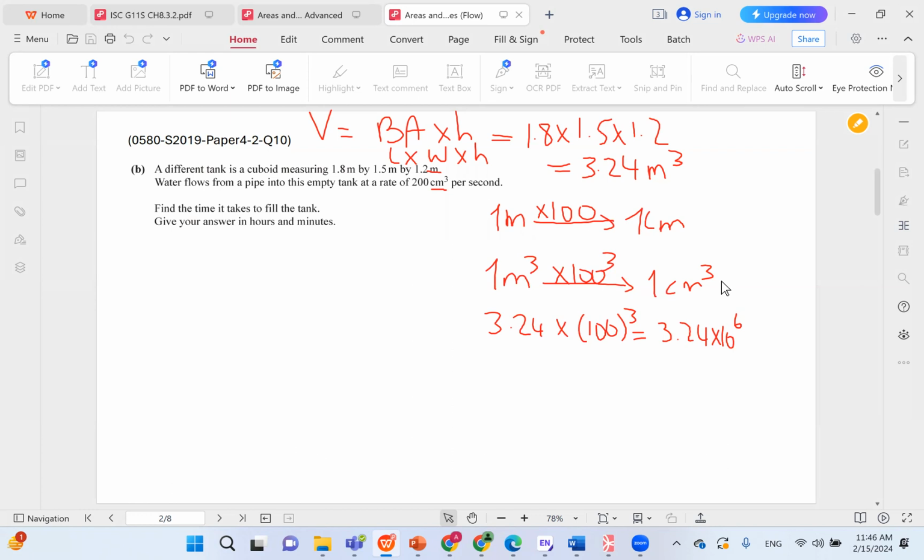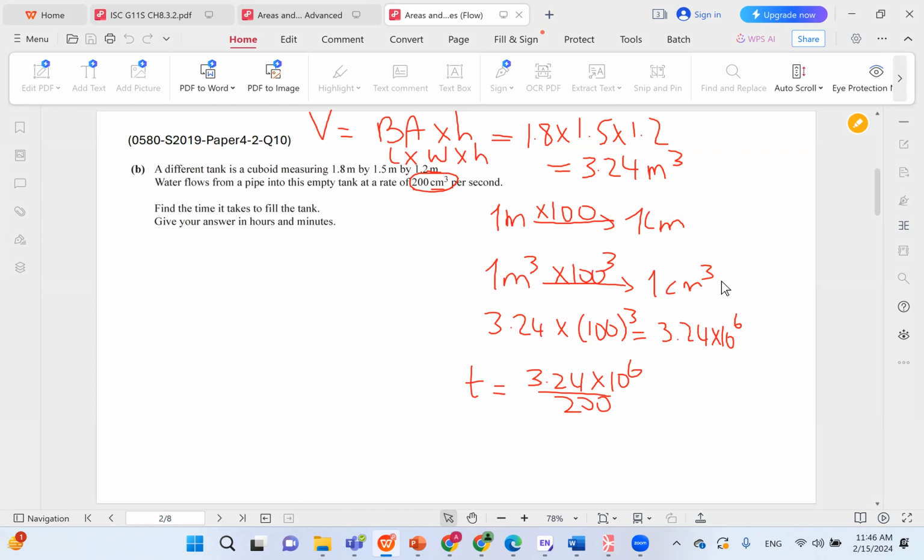Now the water is flowing in at a rate of 200 per second, and we want the time it will take to fill the tank. So the time is just going to be the total volume, which is 3.24 times 10 to the power of 6, divided by 200. So let's figure this out. 3.24 divided by 200.